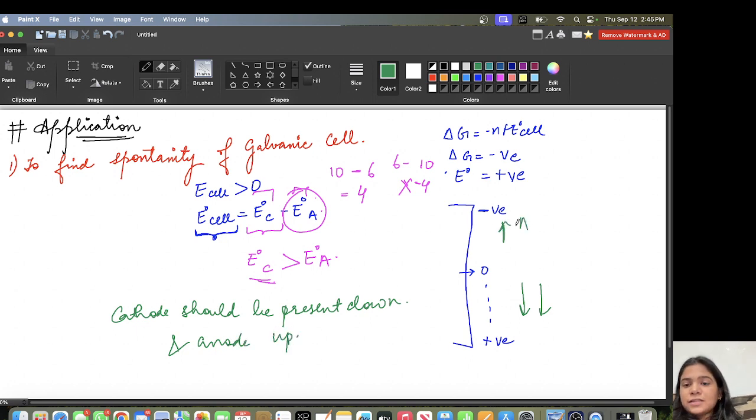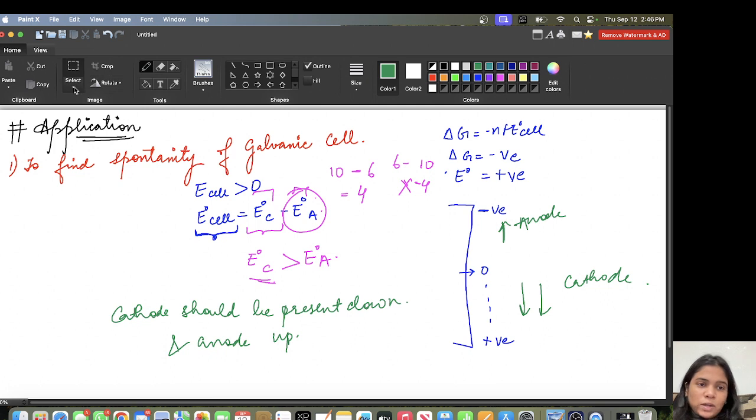Anode selection should be from the upper side and cathode selection from the downward side. So, understood the logic? Because we want E naught cell to be more positive, E naught cathode should be positive. So cathode selection should be downward in the series, anode selection upward.